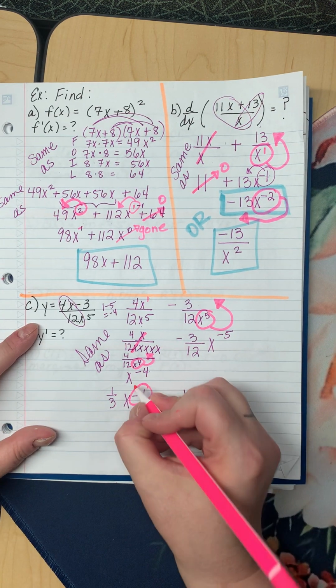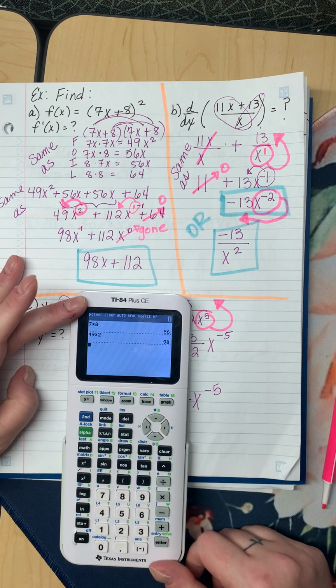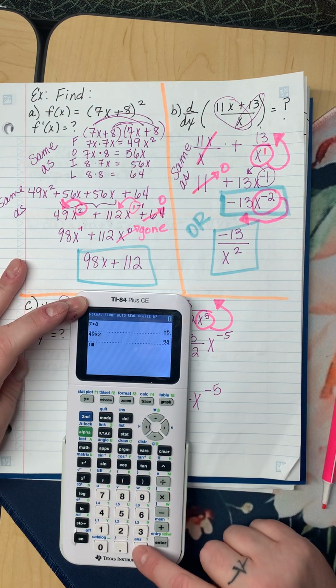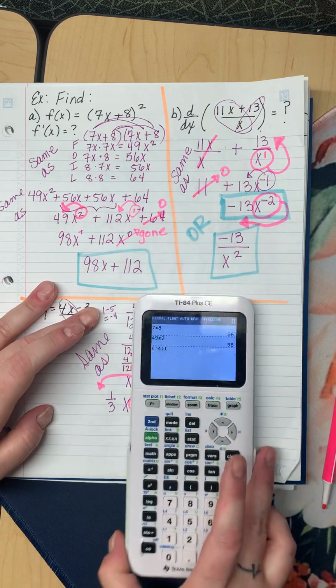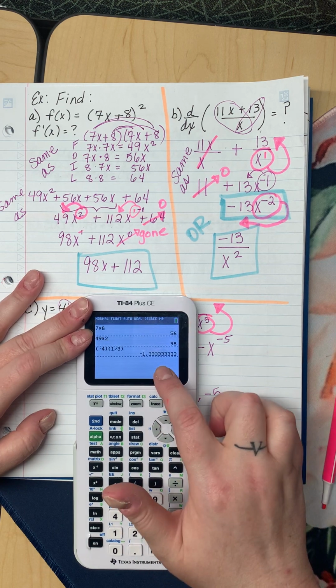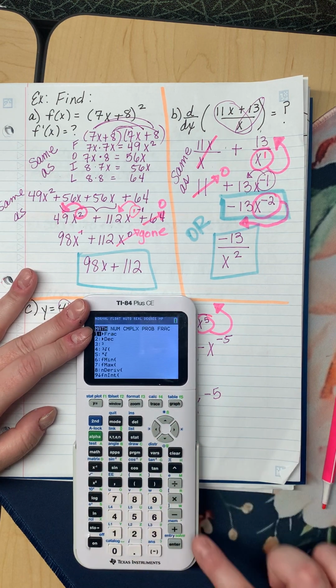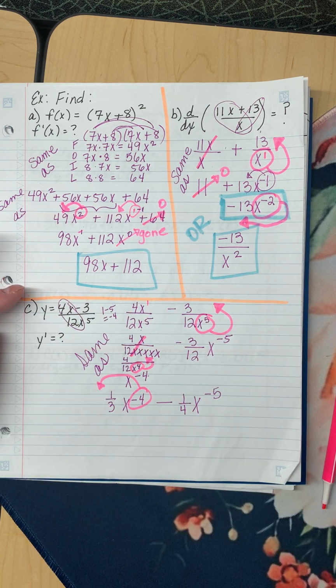We're going to take this negative 4 and bring it down in front and multiply it. All right. So I'm going to have open parentheses, negative 4 times 1/3. You might not have to put all these parentheses. Okay, press math, enter to get a fraction back. And I got negative 4 over 3.